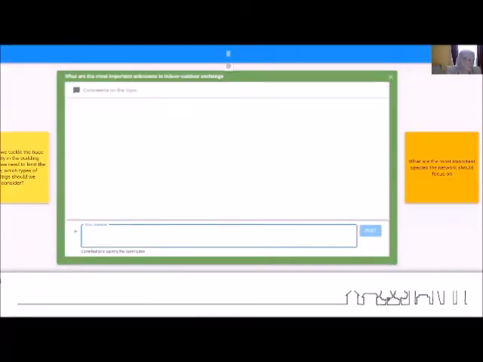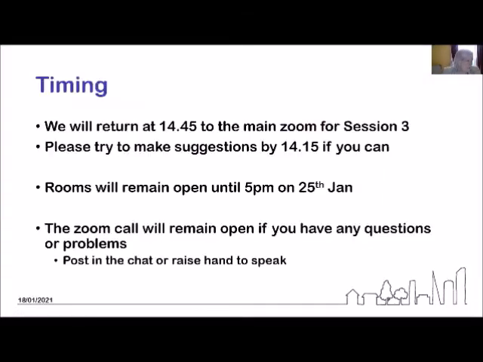Once you're in, for example this one, one of the most important unknowns in indoor-outdoor exchange, you simply type your comment in and post it, and everybody will see the comments roll through. If somebody's commented, you could actually comment on their comment if you wanted to. Please be respectful of what other people have written. There are a lot of different perspectives and ideas in here, and we certainly won't agree on everything, we know that.